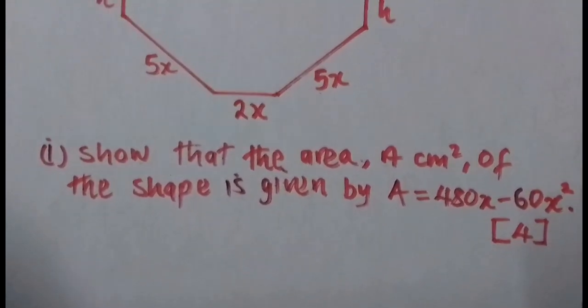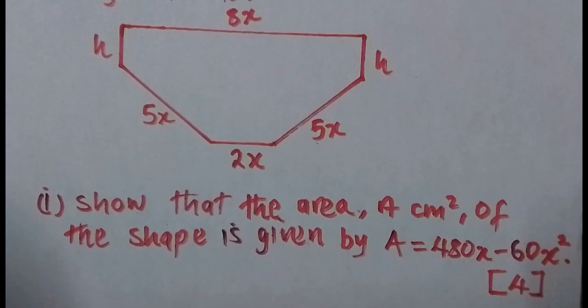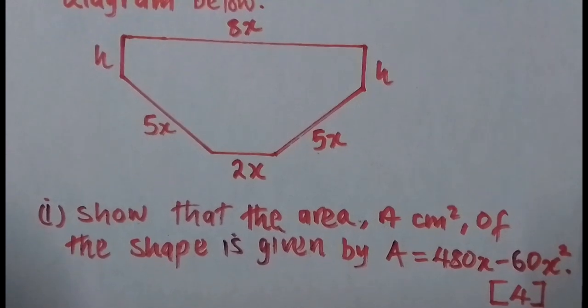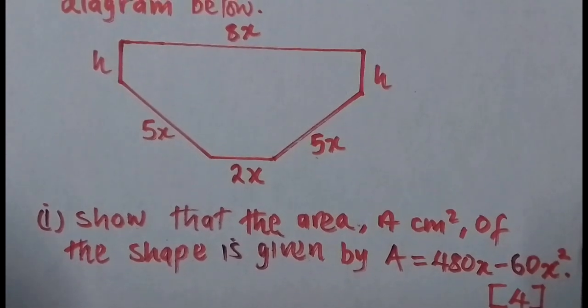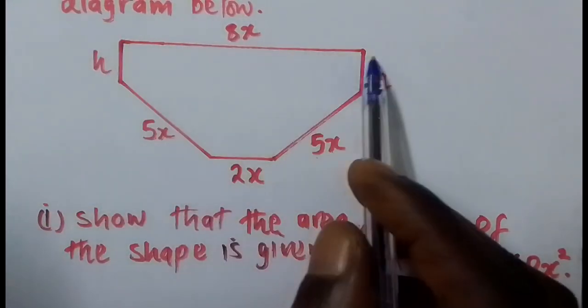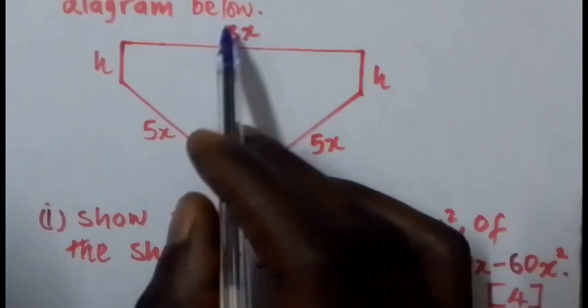So let us start with the first part, which is showing that the area, which is A centimeter square of the shape, is given by area equal to 480x minus 60x square. So to work out this part, if we've seen on the diagram, the length from this point to this point is given as 8x.